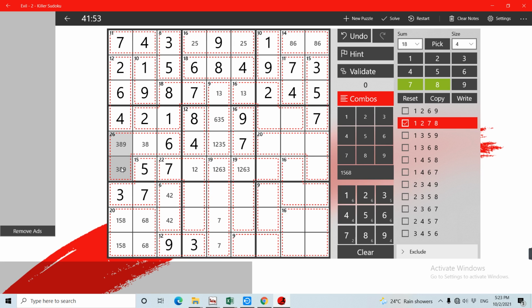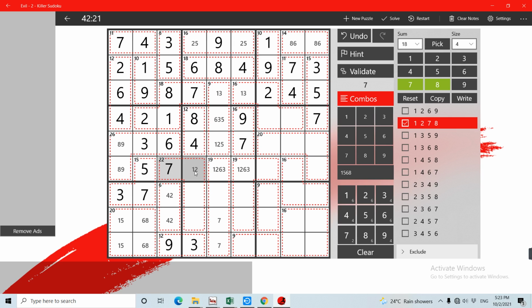This area, it needs to be 8 or 9, so this becomes 3. If I'm going to have an 8 or 9, I cannot have an 8 here. So this needs to be 1 and 5. Okay.